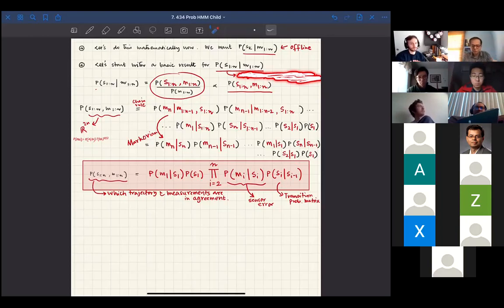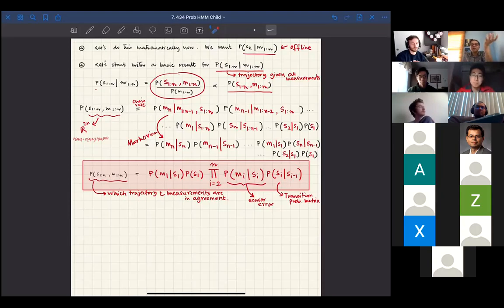Now, when you look at this value, you're actually saying probability of all the trajectories, right? This is probability of all the trajectories because S1 through N is an n-dimensional space, right? And every point is one trajectory in that n-dimensional space. Every possible vector in that n-dimensional space is a trajectory.